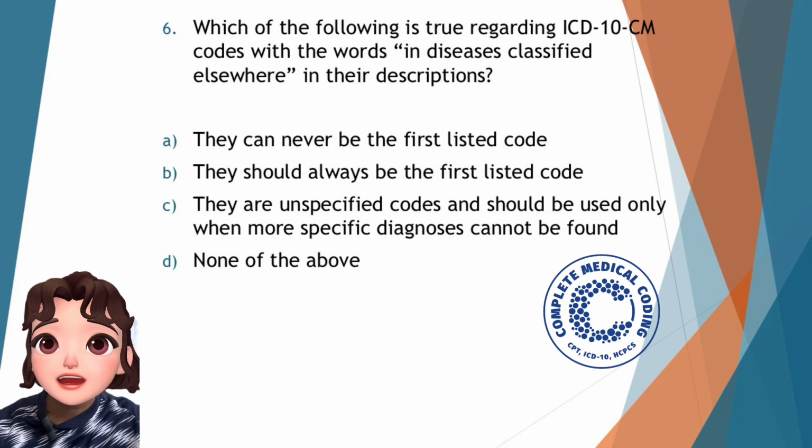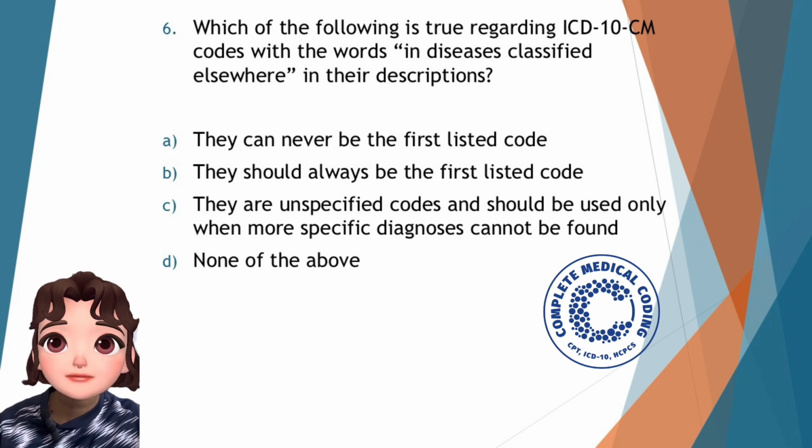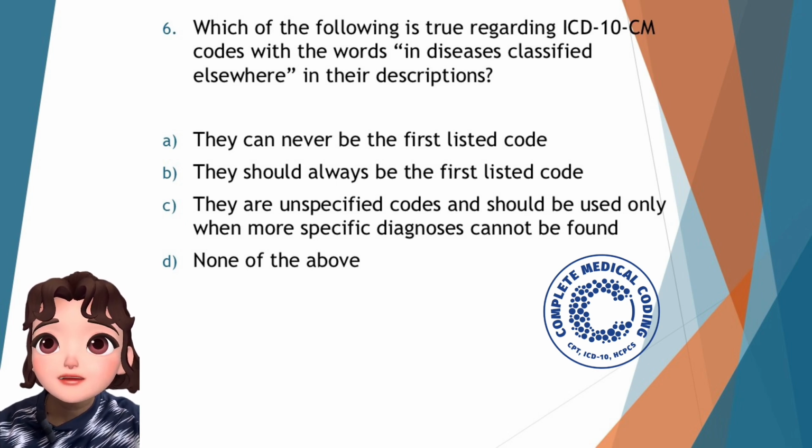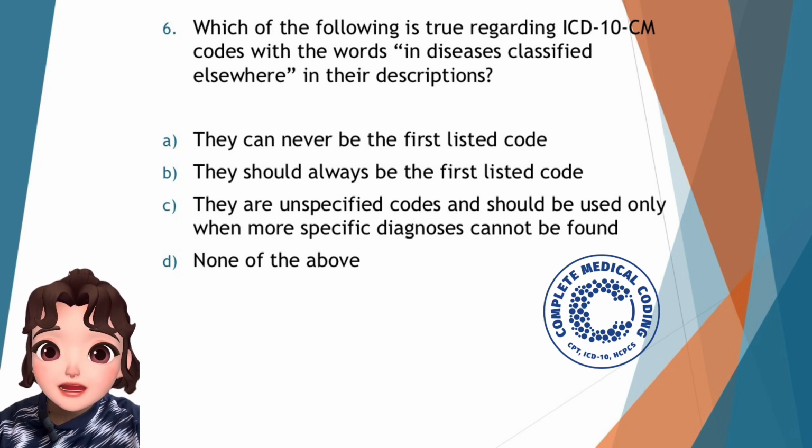Option C, they are unspecified codes and should be used only when a more specific diagnosis cannot be found. When a more specific diagnosis is not found, are we using an unspecified code? No, we will code the symptoms in that case, right? It depends on conditions.